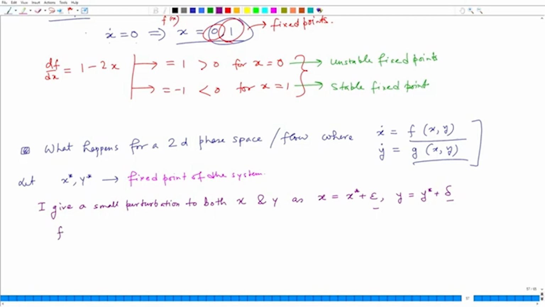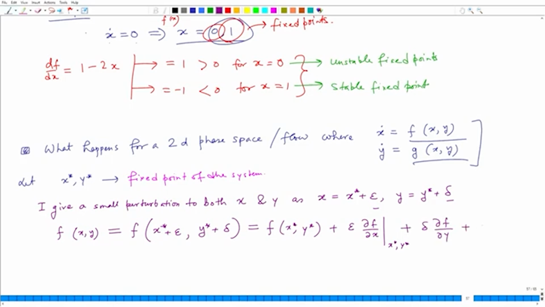So, of course, for f of x, y, you will have f of x star plus epsilon, y star plus delta, and this expression will be equal to f of x star, y star, plus epsilon times del f del x, once again evaluated at x star, y star, plus delta del f del y, plus other second order terms which we can neglect for very small epsilon and delta.